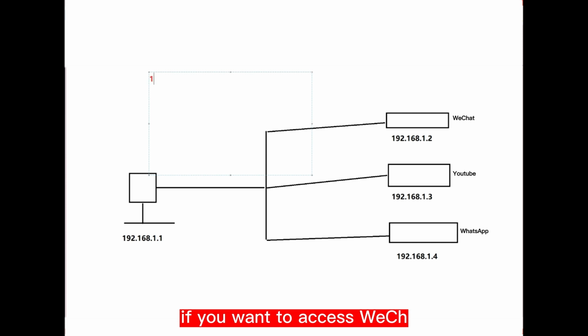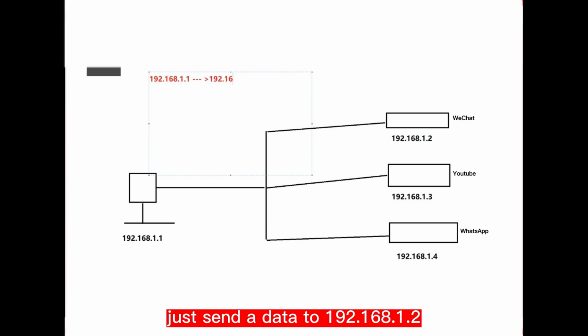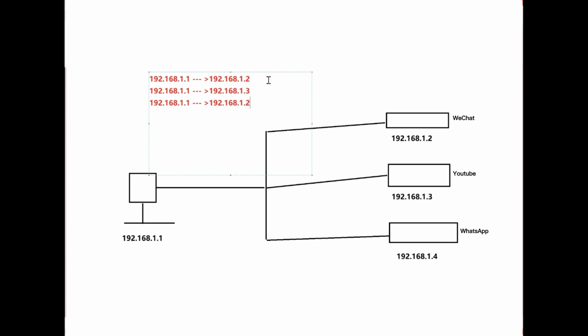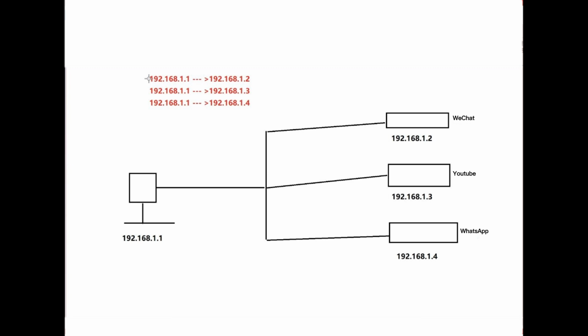If you want to access WeChat from 192.168.1.1, just send data to 192.168.1.2. If you want to visit YouTube, just send data to 192.168.1.3. To access WhatsApp, just send data to 192.168.1.4. This is not a problem.